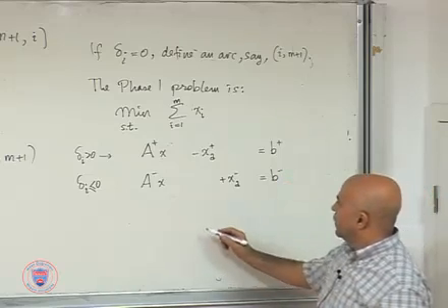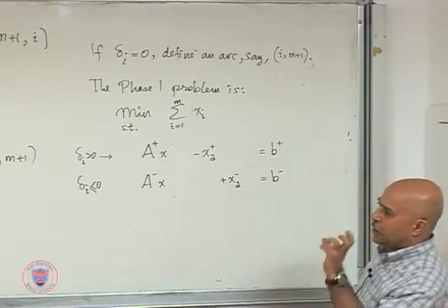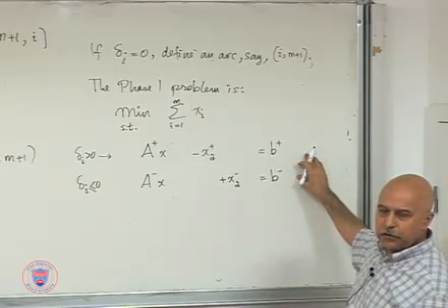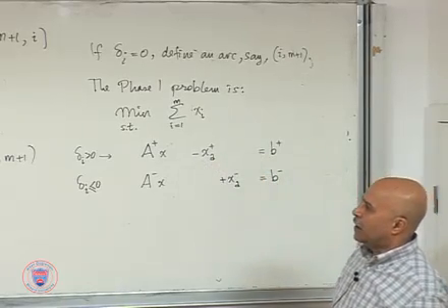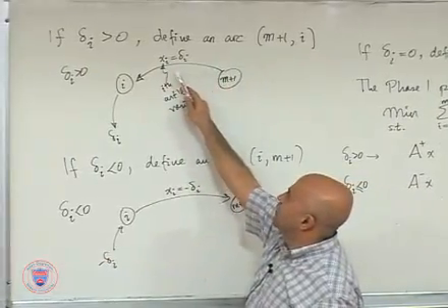And then this is just a partitioning of the flow conservation equation for the original set of nodes with artificial arc variables added. These are flow values.